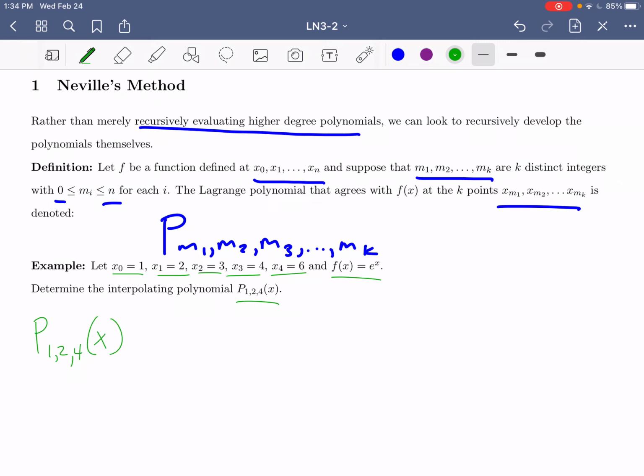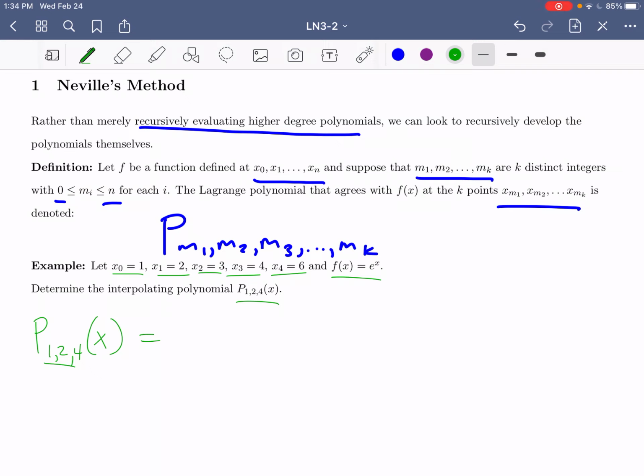What does that mean? That means we are going to use the nodes with subscripts of 1, 2, and 4. Those are not the x values, those are the subscripts of the x values, right?